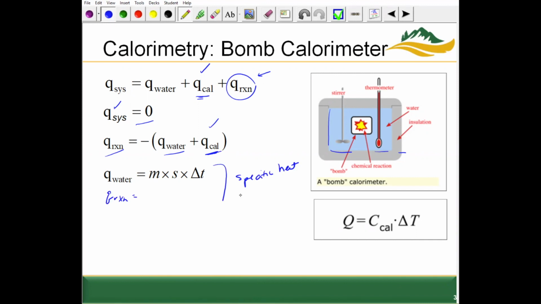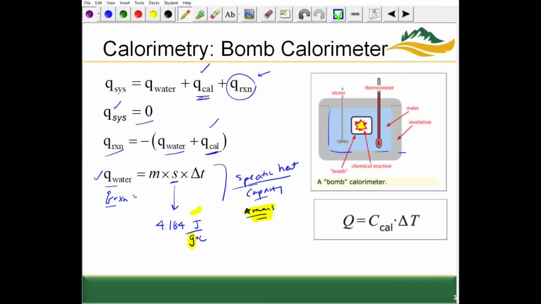If we're working with substances that have a specific heat capacity, we know this is on a per 1 gram basis. So for the heat of the water, we're going to have a specific heat capacity to work with. We recognize this is a specific heat capacity because the gram component is in this number.